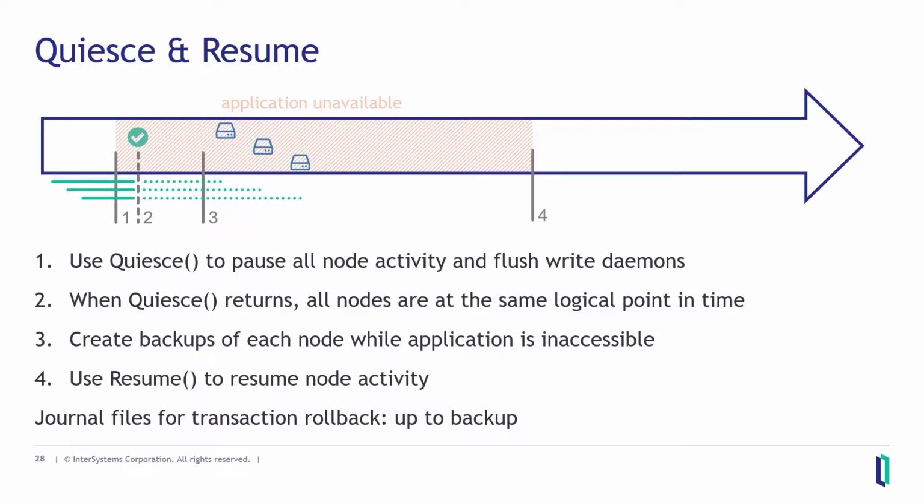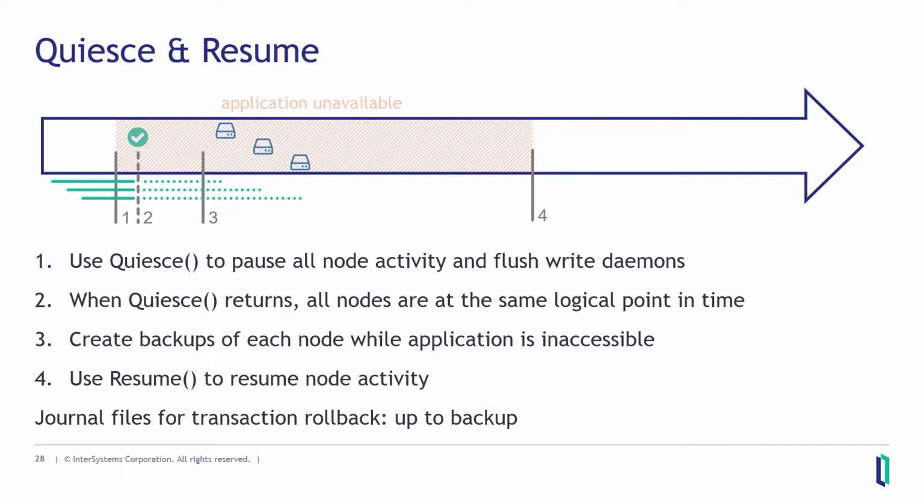When you Quiesce, your write daemons will stop, your journaling will stop, your application will be unavailable for the duration of your process. Which also means that the moment when Quiesce finishes, all of your nodes in your cluster are at the same logical point in time.